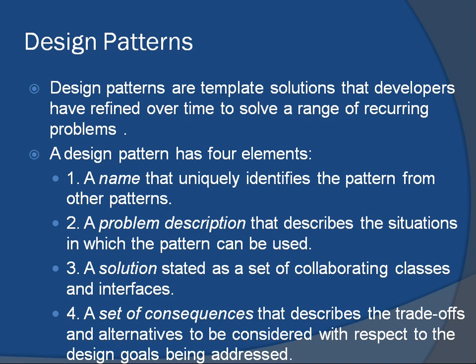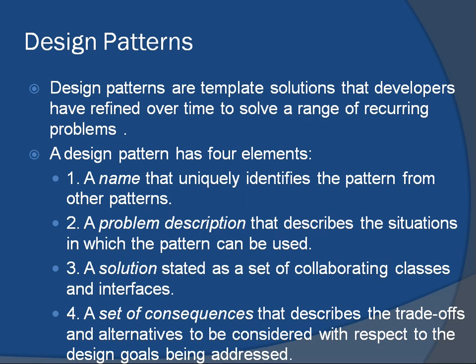The design pattern has four basic elements. First one is the name that uniquely identifies the pattern from the other patterns. So every design pattern should have a name, and that name must be a unique name for identity. Second element is problem description.